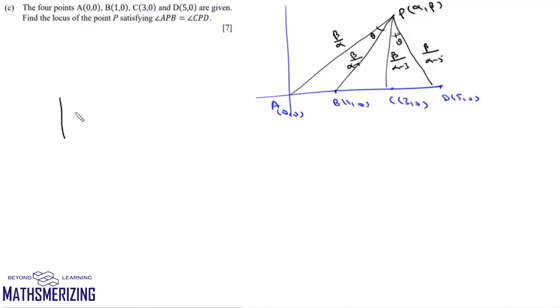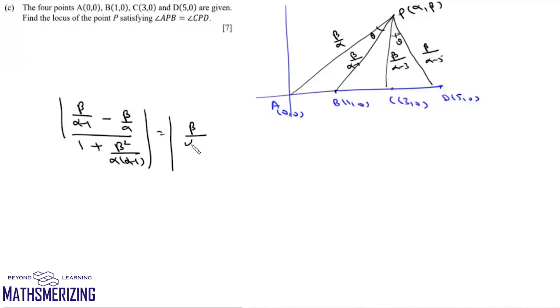So we can write this as beta upon alpha minus 1 minus beta upon alpha, upon 1 plus beta square upon alpha into alpha minus 1, and it should be equal to tan theta for these 2 lines, and there will be beta upon alpha minus 5 minus beta upon alpha minus 3, upon 1 plus beta square upon alpha minus 5 into alpha minus 3.